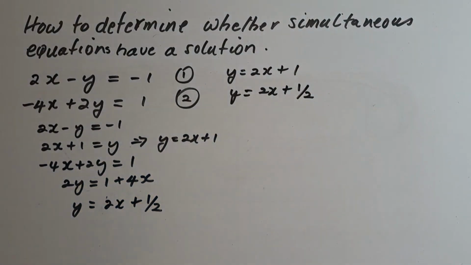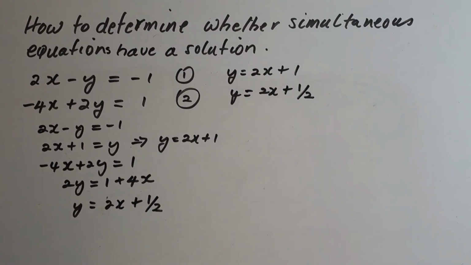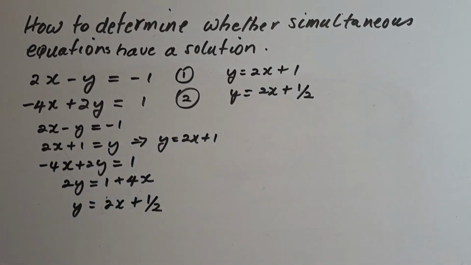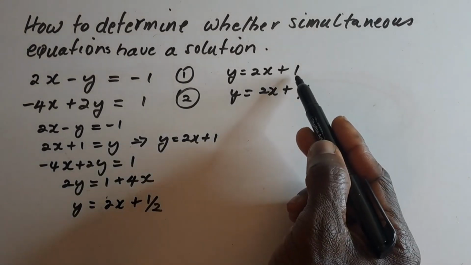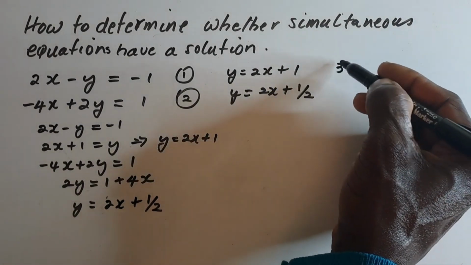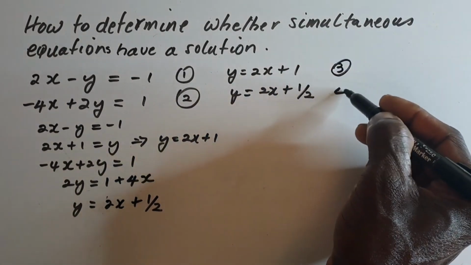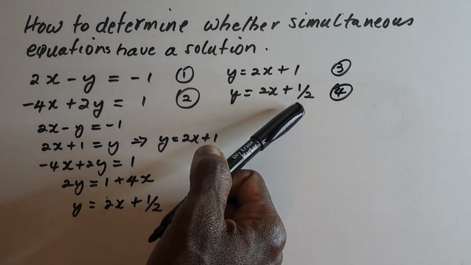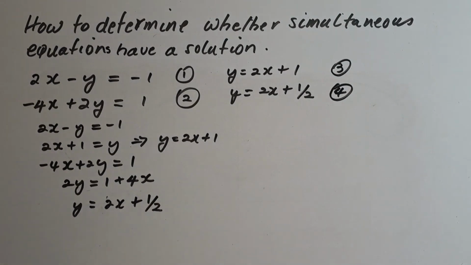Now, let's look at the observations. Both equations represent lines with the same gradient here being 2, but not the same line, simply because the y-intercept here is 1 in this equation. Let's call this equation 3, and this equation 4, and the y-intercept in equation 4 is a half. So they're not the same line.